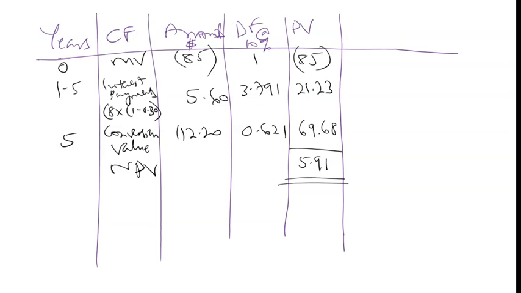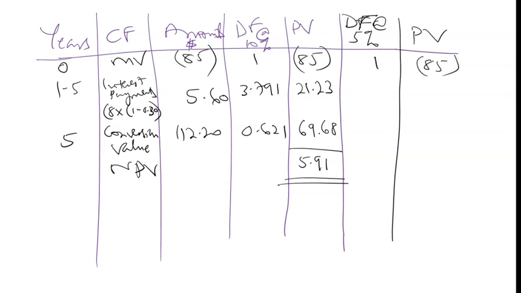So in this case, we're going to use the 5%. Discount factor at 5%. Don't worry. Of course, in our first example, we had used a higher rate so that we get a negative NPV, but right now we just want to get a positive NPV. So don't worry. PV. Obviously, in year 0, the 85 just comes, and the discount factor is always going to be 1.